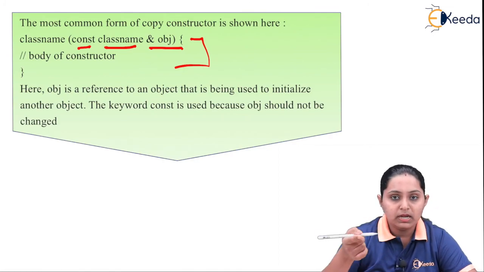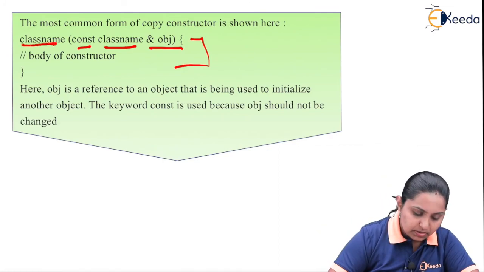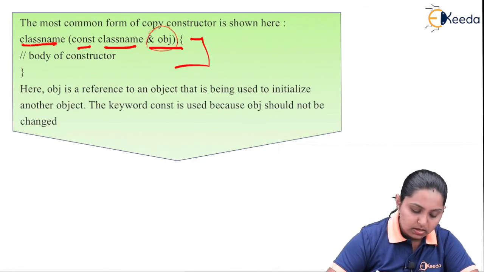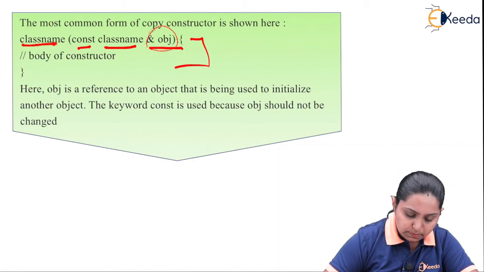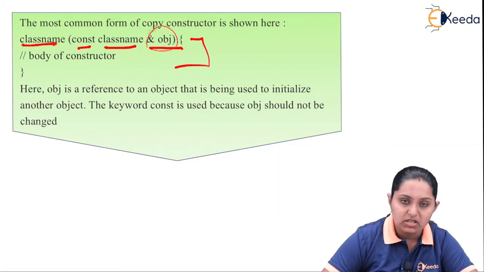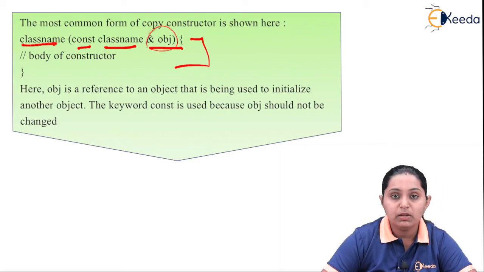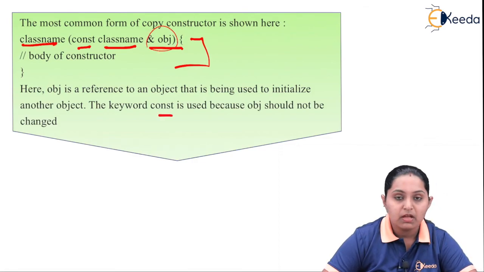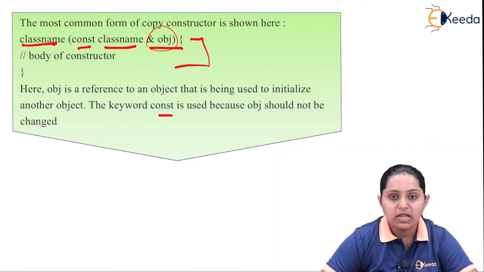So whenever you are creating an object of this class, it will take a reference to another object. The keyword const is used because obj should not be changed. That obj value will not get changed. That's why we are specifying the keyword const. Without that, the object could get changed. So you have to specify the const keyword.